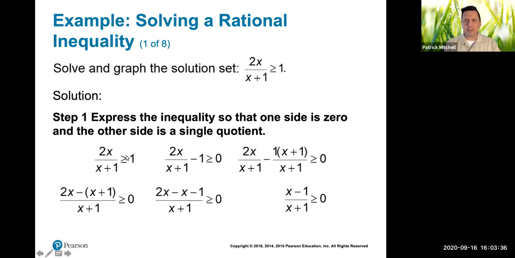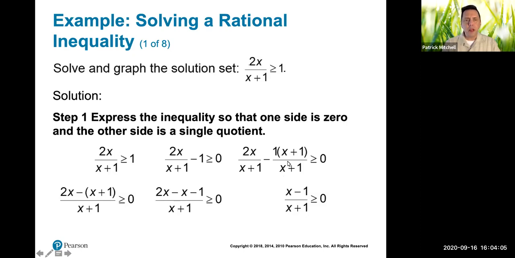This is more work than the way I do it, but it's good practice. So first thing we're going to do is subtract 1 from both sides. That gets us from here to here. Now, in order to get this thing to be a single quotient, we need to have a common denominator. That common denominator would be x plus 1. So we're going to multiply 1 by x plus 1 over x plus 1.